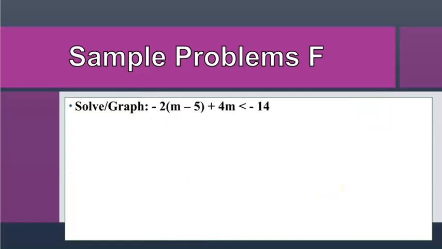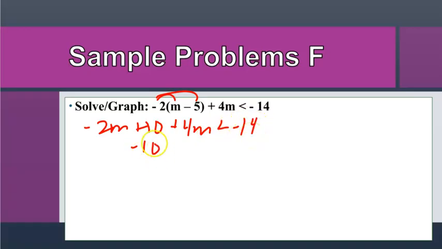And our last one. Here we'll have to distribute the negative 2 to break down the parentheses because of that plus 4m here. So this gives me a negative 2m plus 10 plus 4m is less than negative 14.